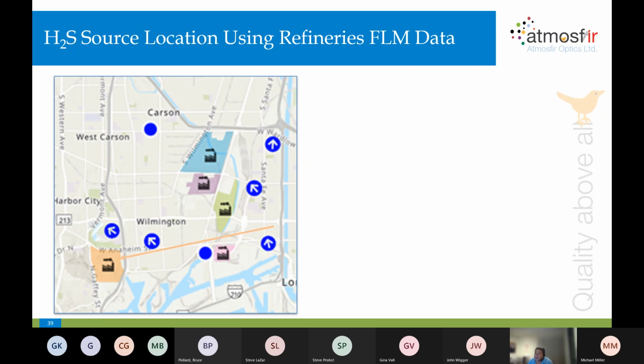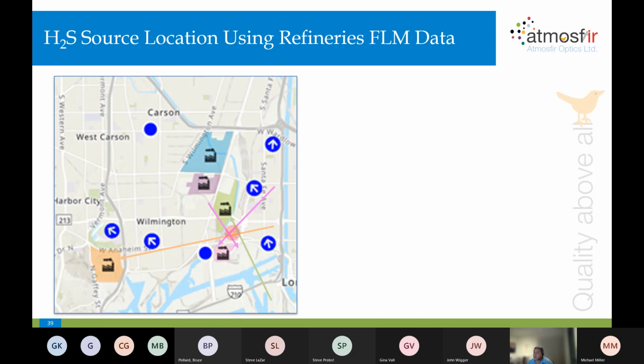And when I analyzed the hydrogen sulfide, when the orange refinery had high concentration, the wind was blowing from the east. And when the pink one had high concentration, the wind was blowing with a north vector. And when the green, it was with a southerly wind.